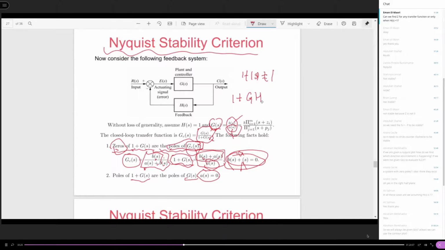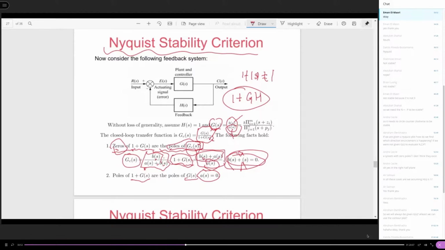So your evaluation is going to be on 1 plus GH. What's the big deal? You're just counting one more transfer function. You know how to evaluate 1 plus G(s). When H is not equal to 1, you just evaluate 1 plus GH. Everything stays the same.